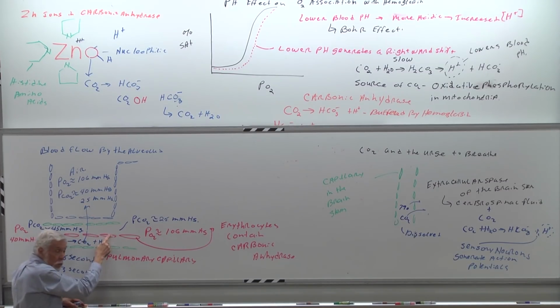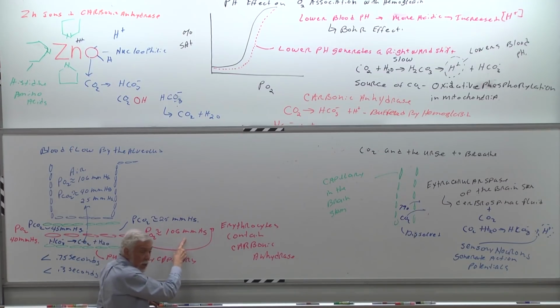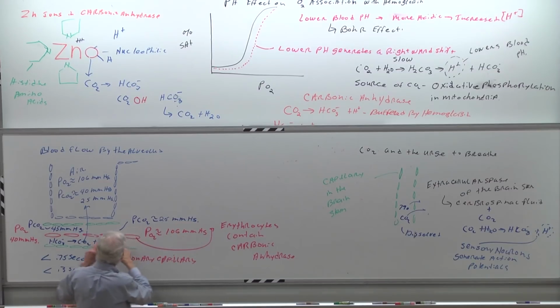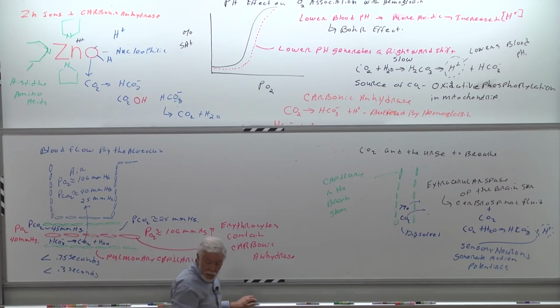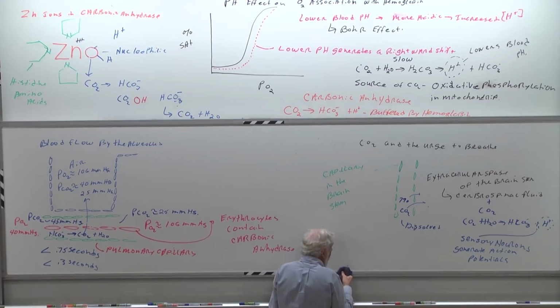Now remember where this blood's going. This is pulmonary capillary. So this blood is headed to the left side of the heart. It's going to go out into the aorta and into the carotids. So now we want to think about what's going on with PCO2 levels and PO2 levels in the aorta and in the carotid bodies. Let's go to the upper panel.